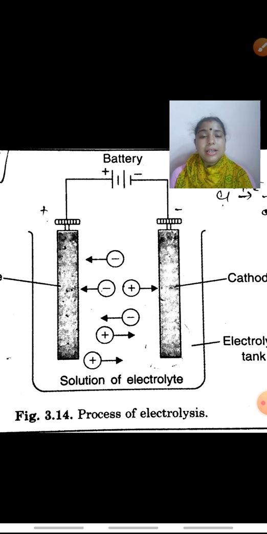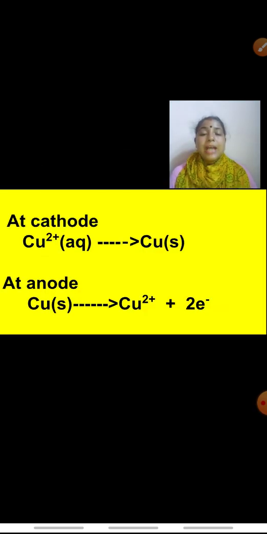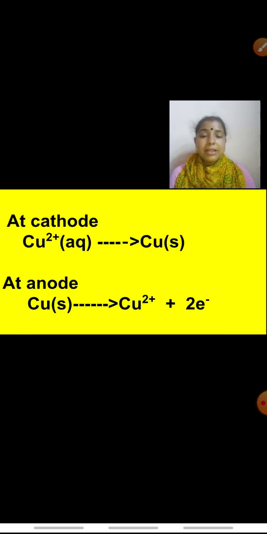Now see the reaction which is actually taking place in case of copper. Cathode is negatively charged. So at cathode, Cu2+ converts to Cu. How does it convert to Cu? By accepting the electrons which are coming from the battery.